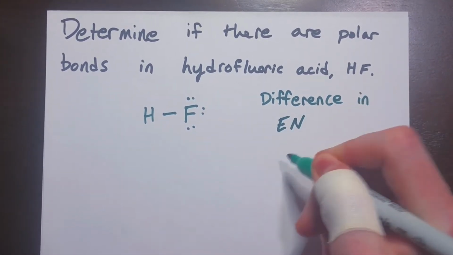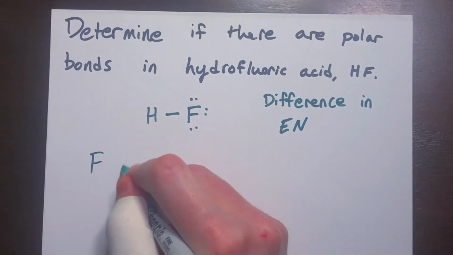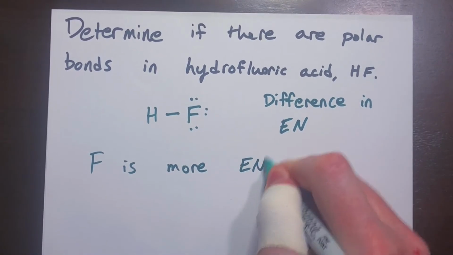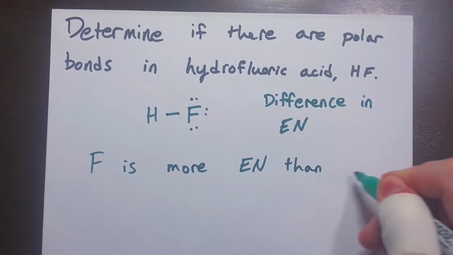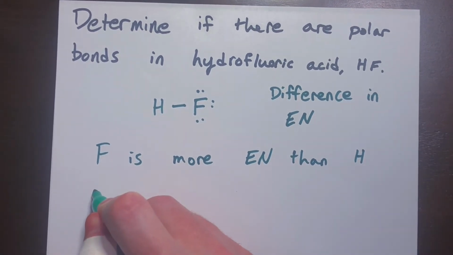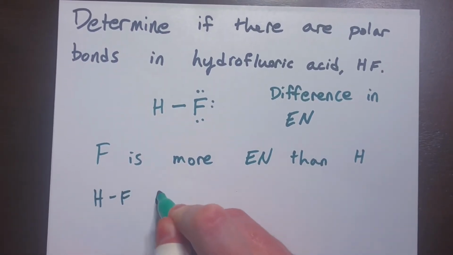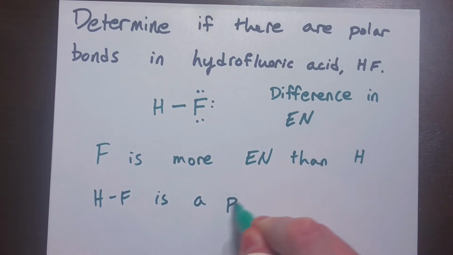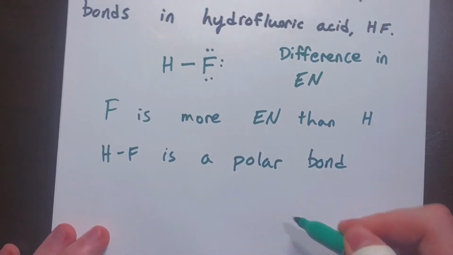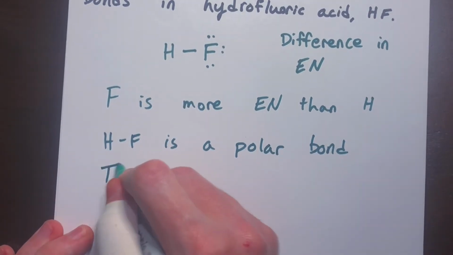And specifically, fluorine is more electronegative than hydrogen. So now what we know is that this is a polar bond. HF is a polar bond, which also means that it has a dipole. So HF is a dipole. There's a dipole present, is what we can write.